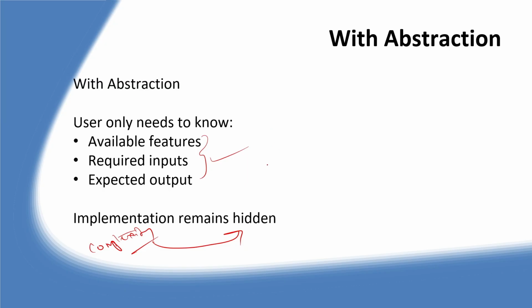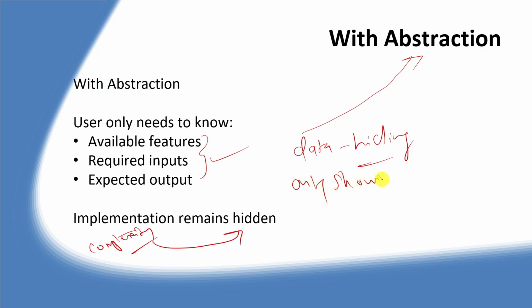This process is known as abstraction. Data hiding. Only showing essential details to the end user.